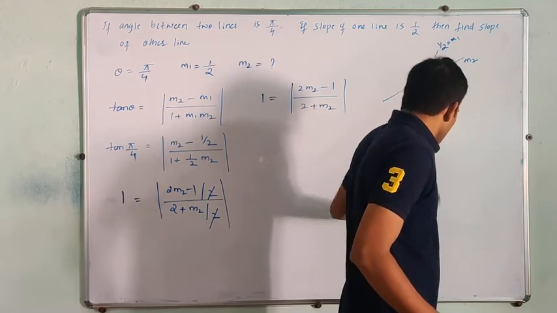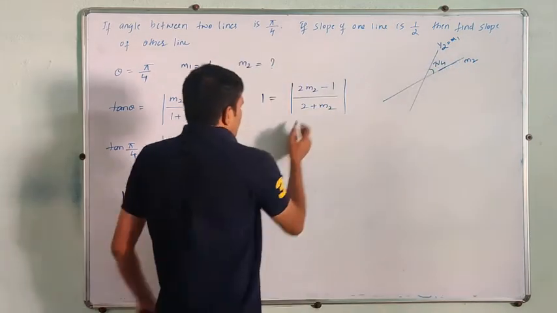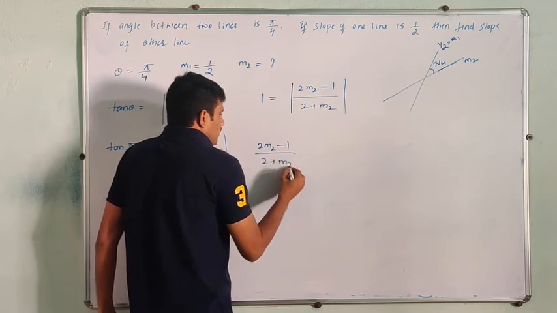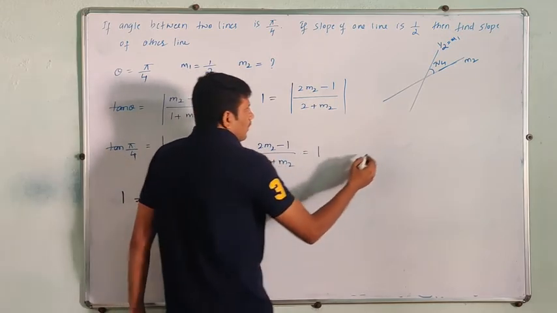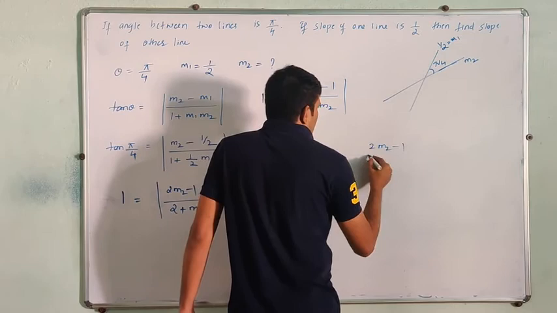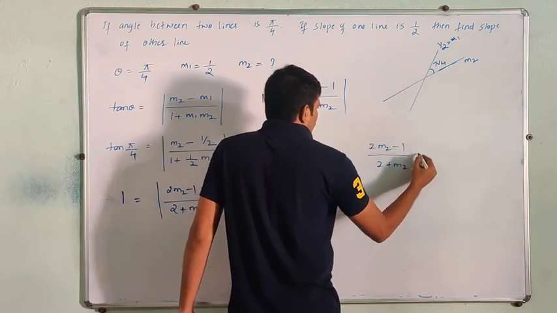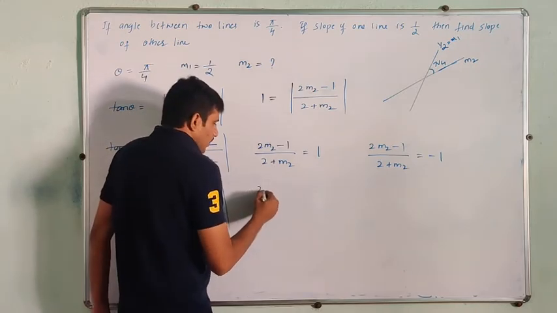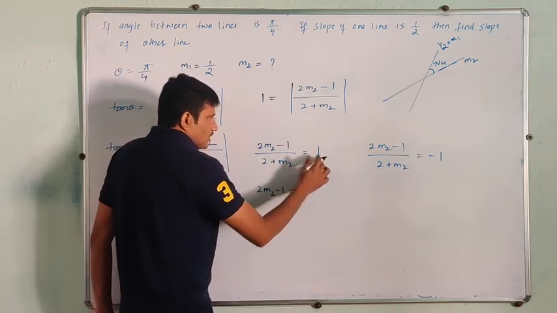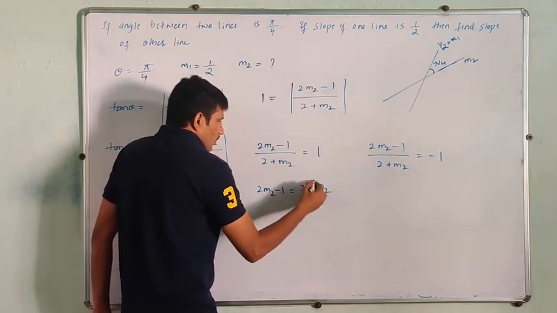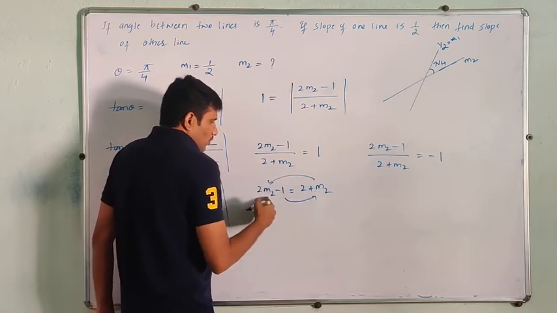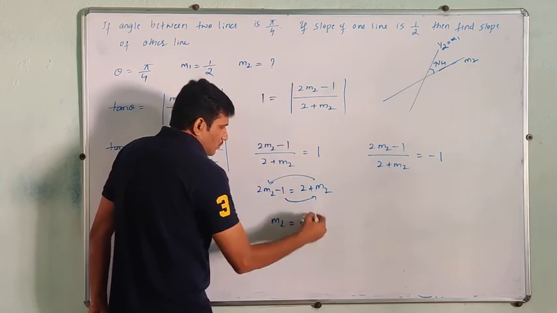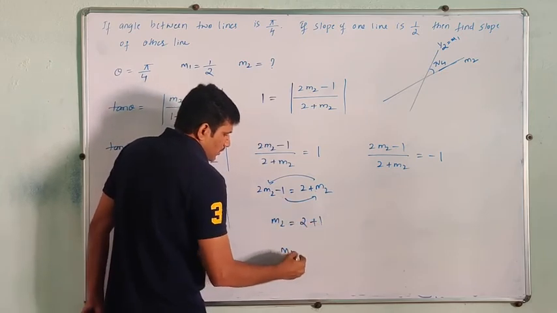If you want to remove that mod value, that is (2m2 − 1)/(2 + m2), that value can be plus 1, or (2m2 − 1)/(2 + m2), that value can be minus 1. So therefore, cross multiply: 2m2 − 1 is equal to 2 + m2. Now bring this over. So 2m2 − m2 is m2, equal to 2 + 1, that is 3.